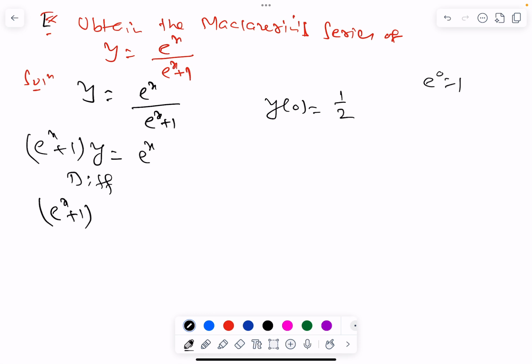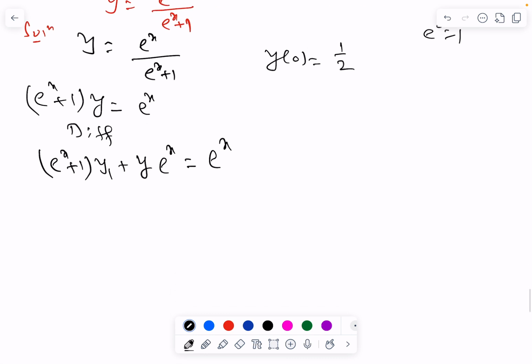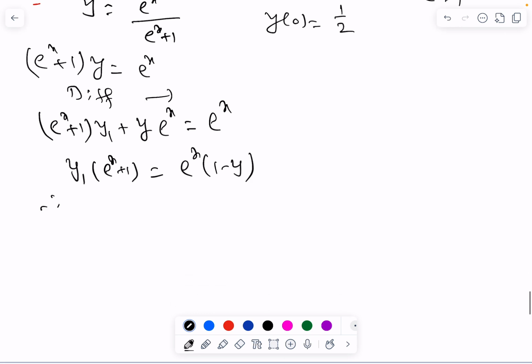E power x plus 1 into y1 plus y, derivative of e power x plus 1 is e power x, is equal to e power x. Y1 into e power x plus 1 equal to, we take on this side, e power x into 1 minus y. Therefore, y1 equal to e power x into 1 minus y over e power x plus 1.